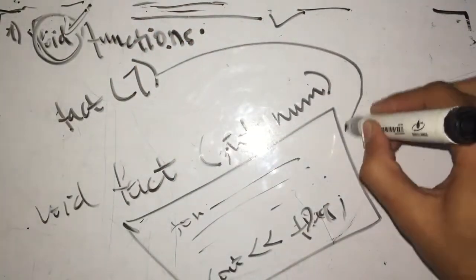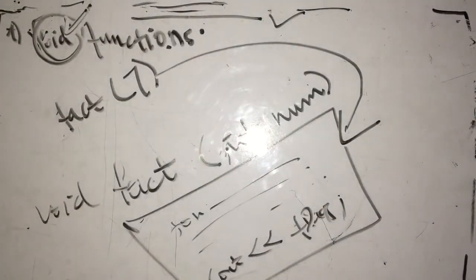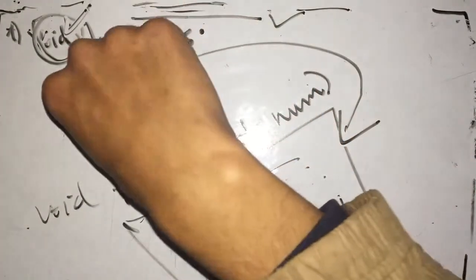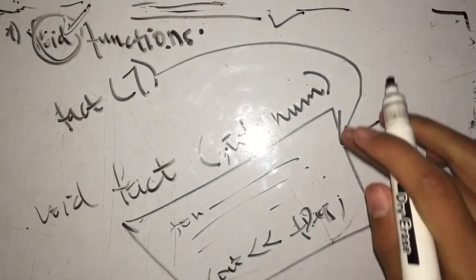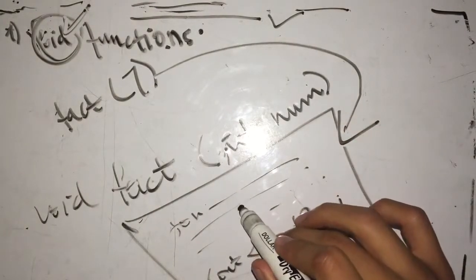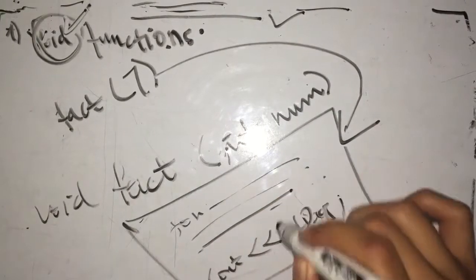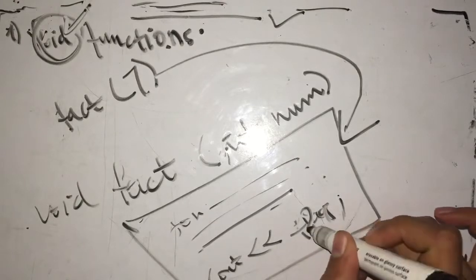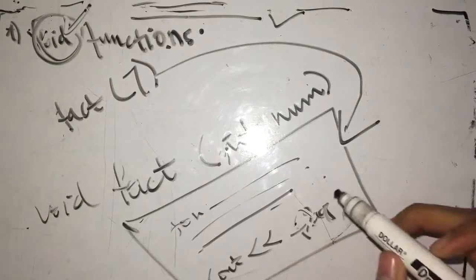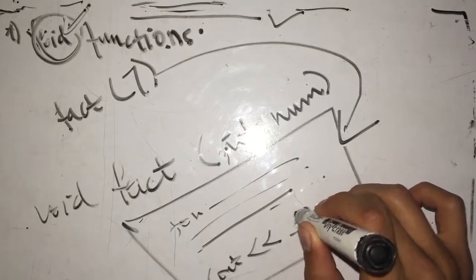At the top you've written the function prototype. When the compiler reads the function call statement, it shifts the control to your function body, where the function is defined. It calculates the factorial, and in the function itself it outputs your factorial.